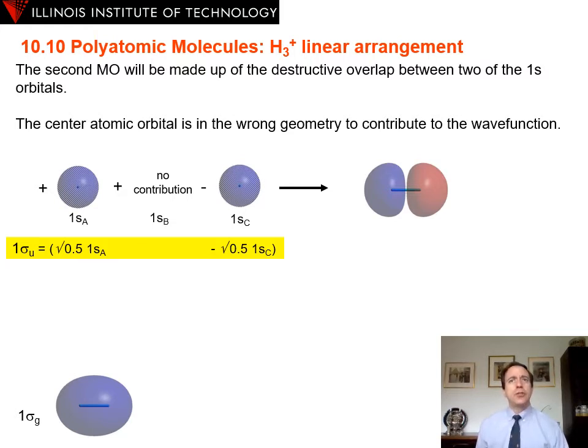So it shouldn't really be that surprising that that looks like a hydrogen 2 sigma antibonding orbital, because we're only taking the negative overlap, the destructive interference between the hydrogen on the right and the hydrogen on the left of their 1s orbitals to create this molecular orbital.